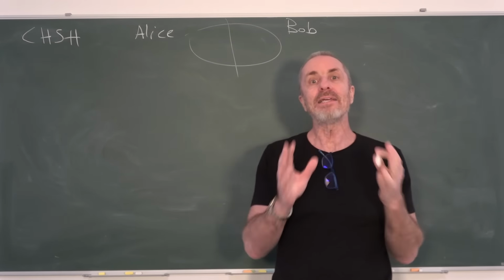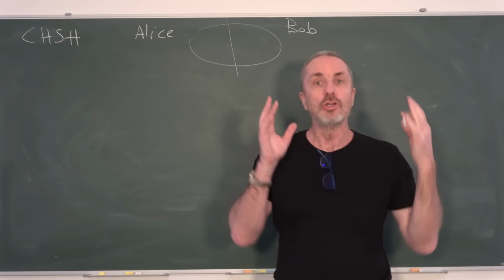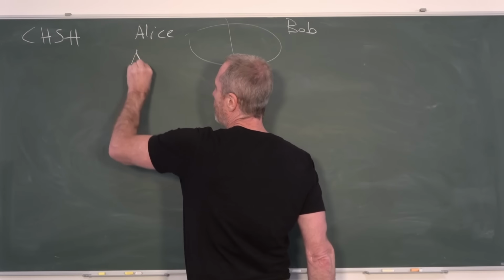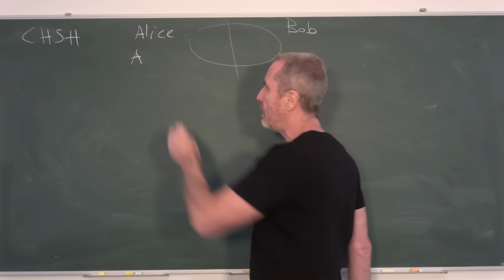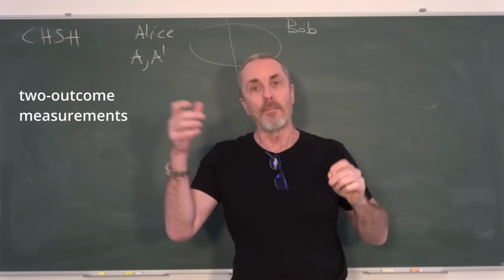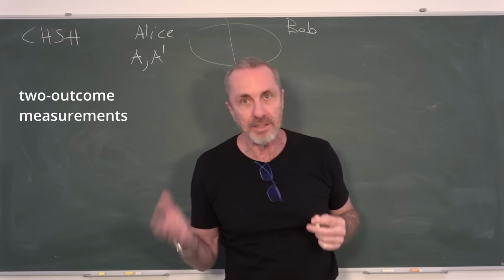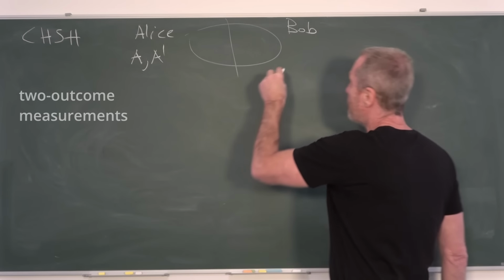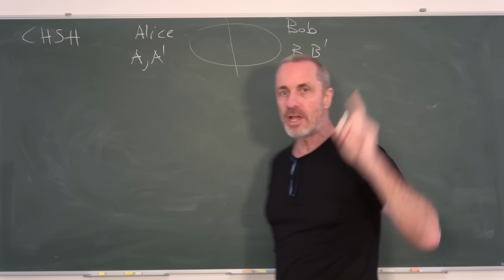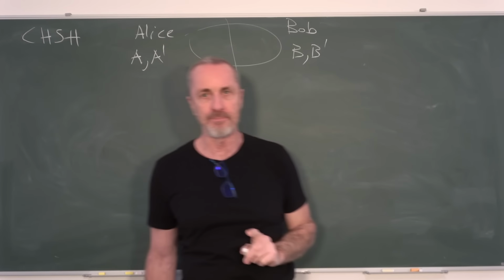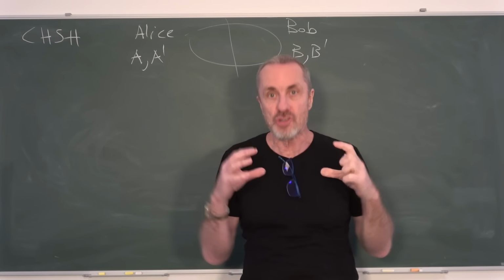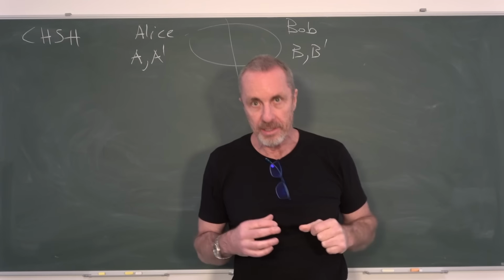Now Alice can select among two measurements she can execute. One is called measurement A and the other one measurement A prime. And these are two-outcome measurements. They can just have two different outcomes. Same for Bob. Bob can freely select among two measurements, B and B prime. Now Alice and Bob perform their measurements jointly, coincidentally.